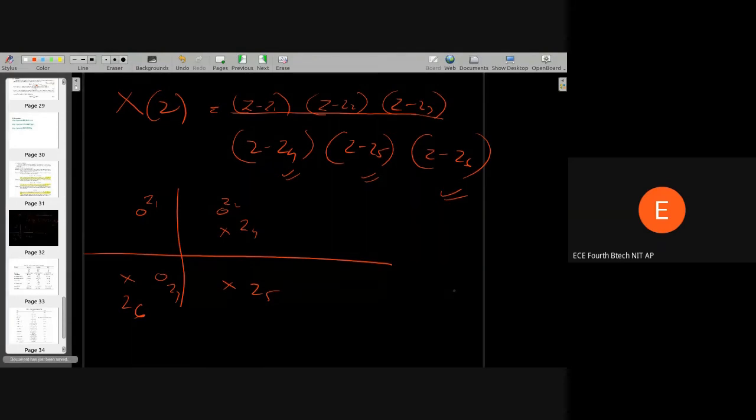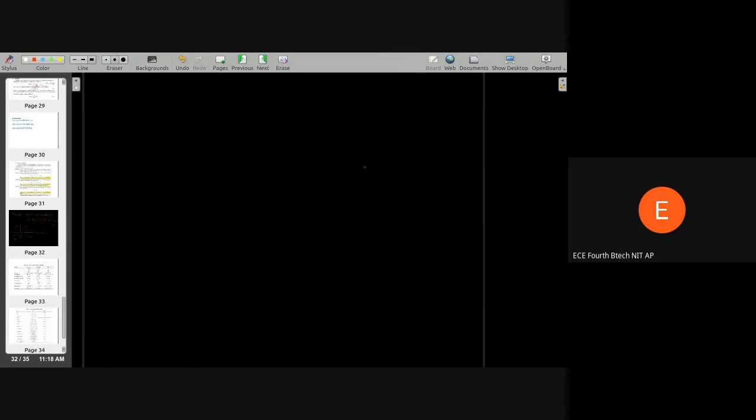See, what will happen is if you convert this Z transform, for example, suppose you have 1 by z minus z1 star, z minus z1.